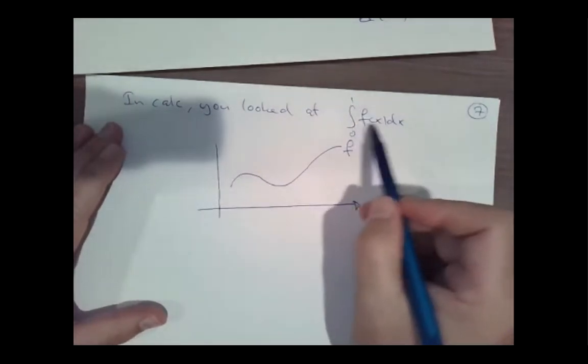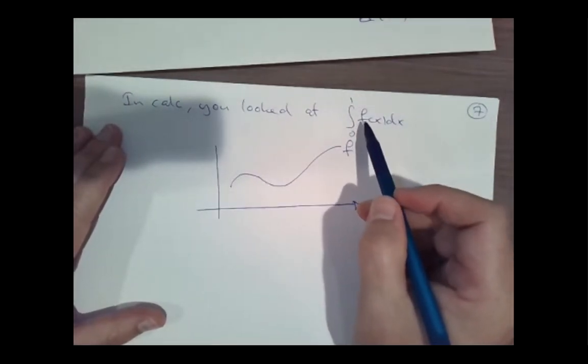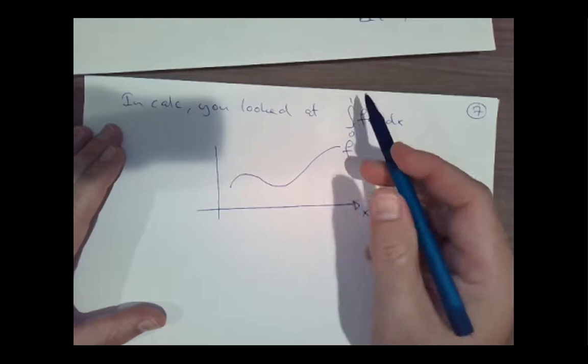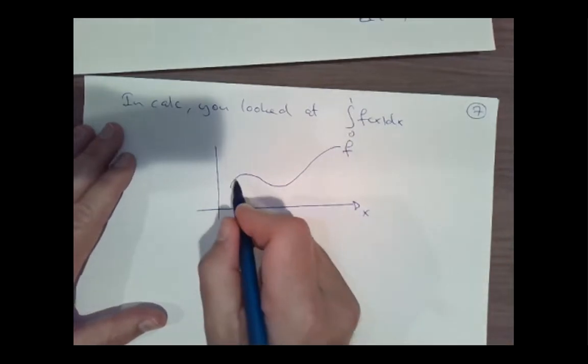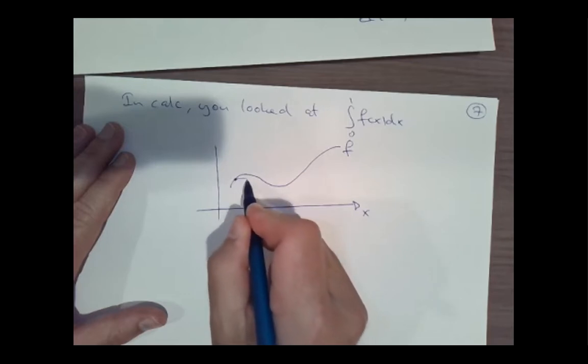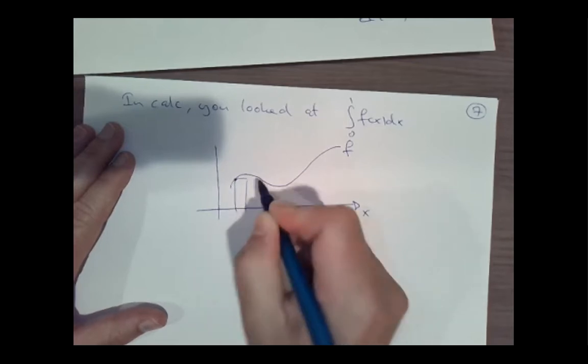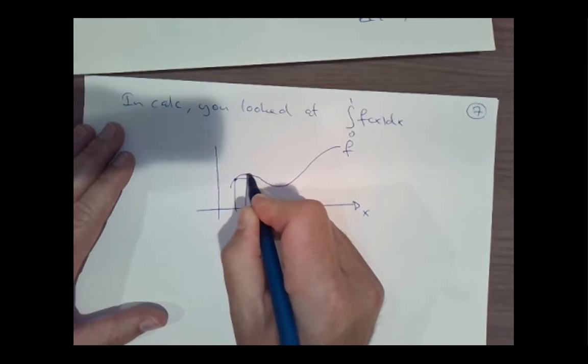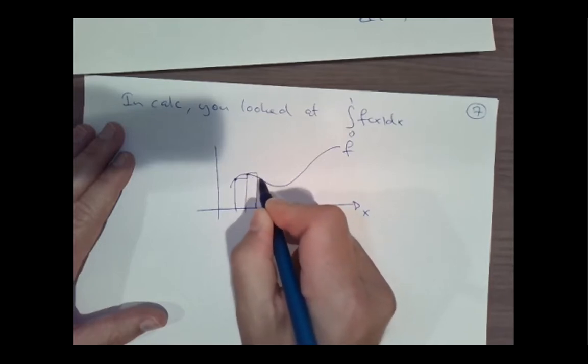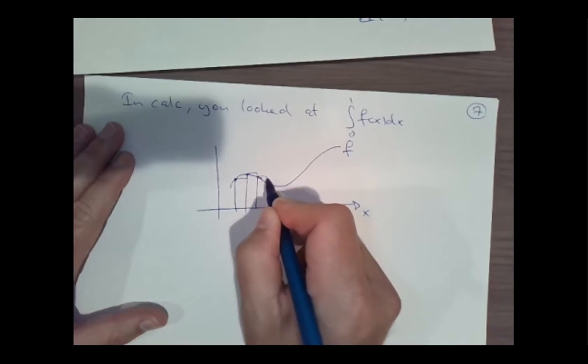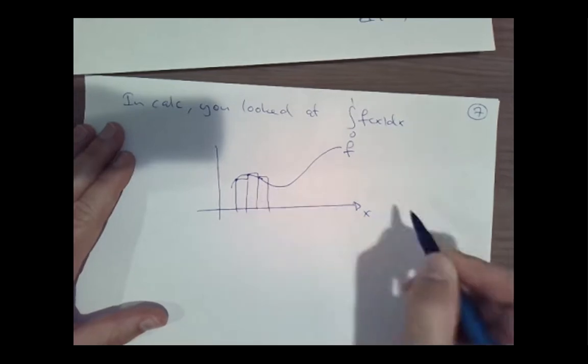And how would we compute this? Well, you look at sums. So you look at lower sums and upper sums. And so what you would do is you put in, say, squares. Put in a square here, and then you go up here, put in a square, put in a square, and so on.